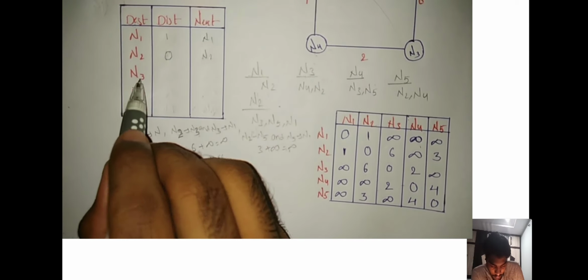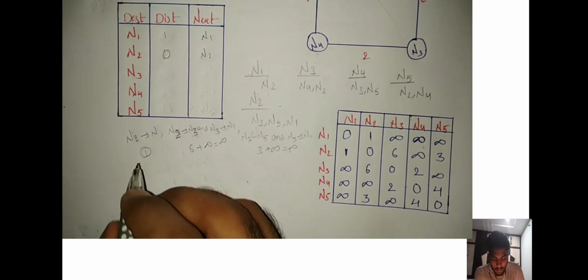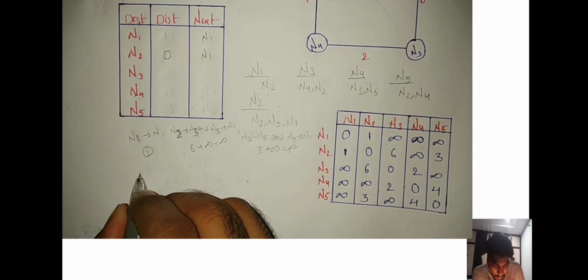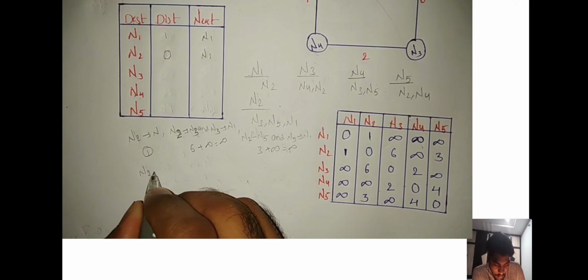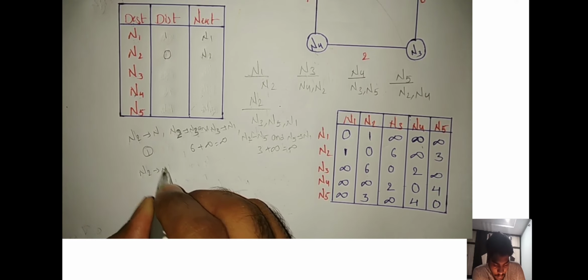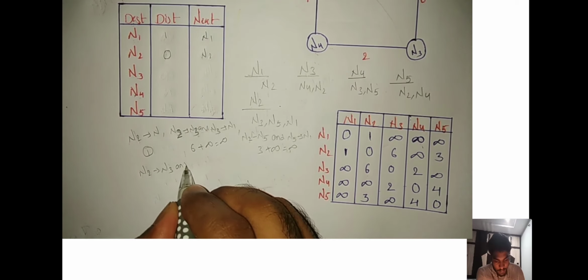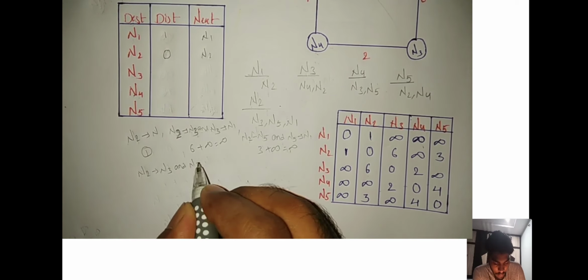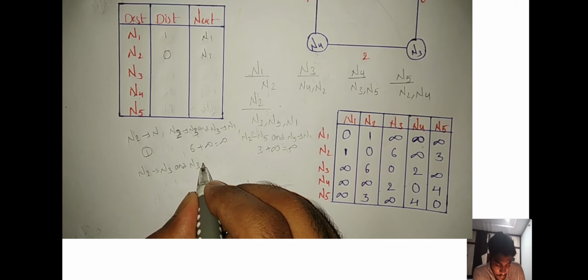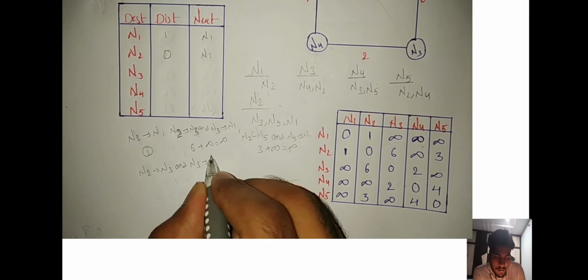Okay, now we have to go to n3. The first path is n2 to n3 and n3 to n3 only.